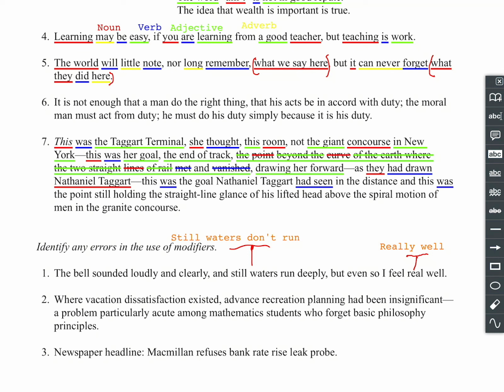I get the concept they're trying to get at, which is that the running happens deeply underground, I think. Or that the water is deep. So it's like 50-foot deep water instead of 10-foot deep water. The still ones, when they're running. But see, those are attributes of the water itself. Maybe it should be "still waters run deep."